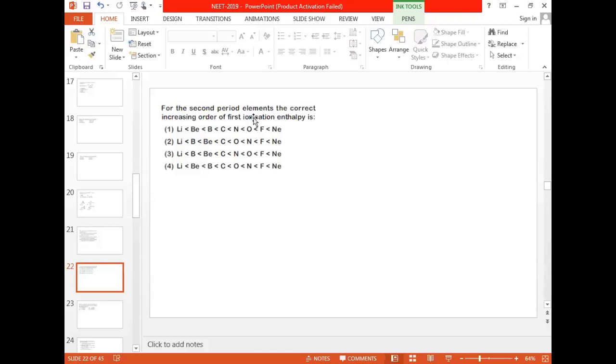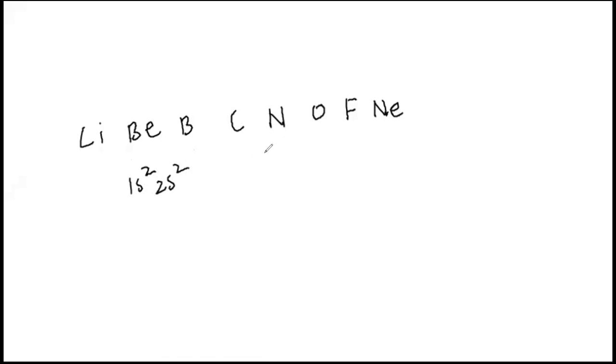Right, now I take the question. Taking the first option: lithium, beryllium, boron, carbon, nitrogen, oxygen, fluorine, and neon. Beryllium we can take as 1s2, 2s2 configuration.